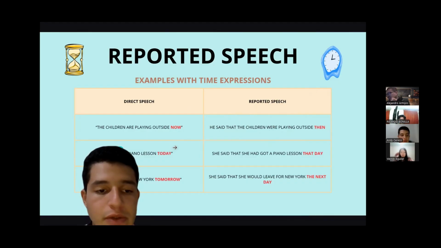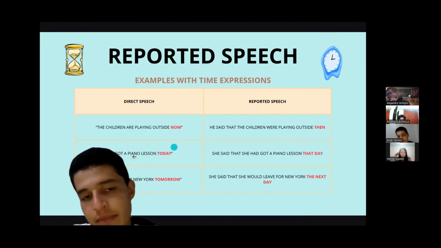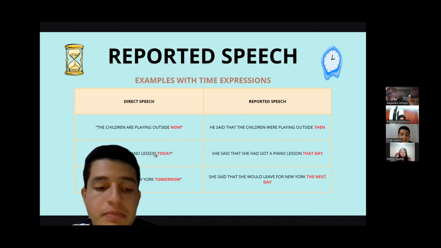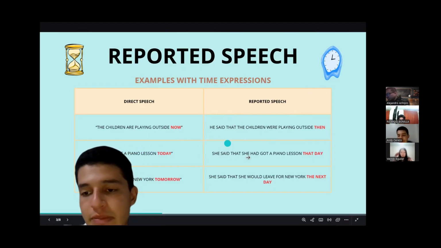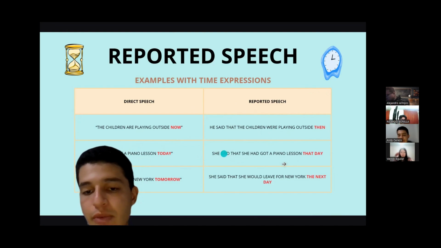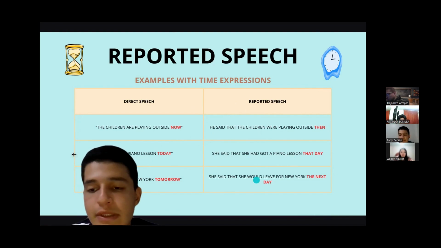Now, the next sentence in direct speech: I've got a piano lesson today. This sentence is present perfect. In reported speech: she said that she had got a piano lesson that day.